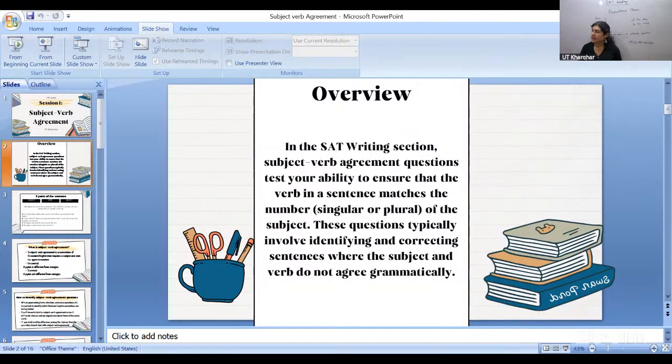Okay. Now here I think the numbering is wrong. This is the second one. Read this.